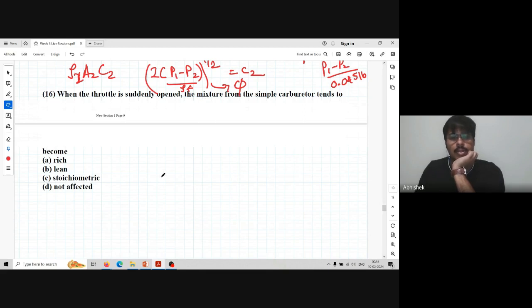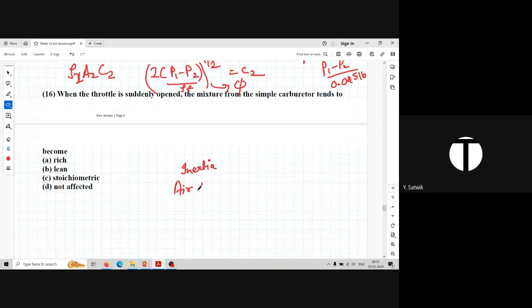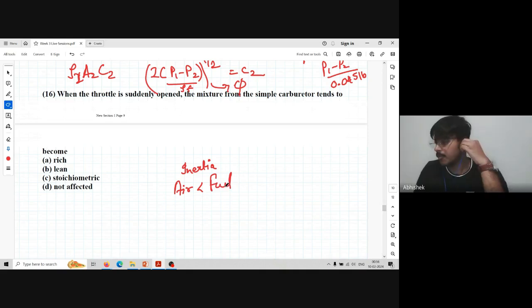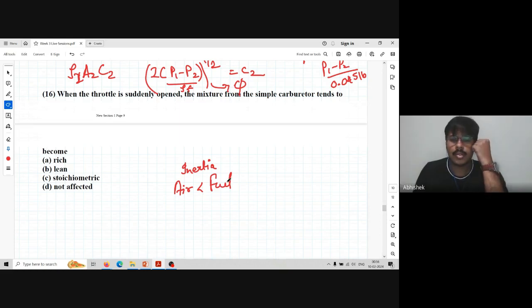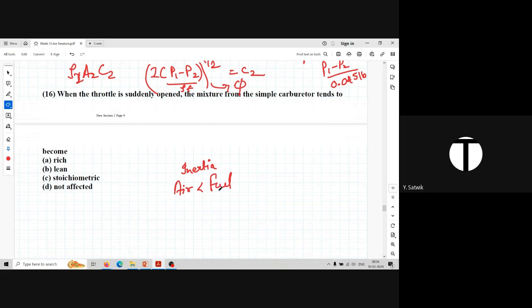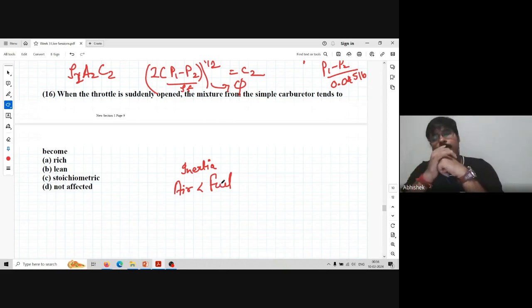I told you something about inertia, do you remember? Will the air be slower than the fuel, or faster? Not slower. See, whose inertia is more? The fuel's inertia.